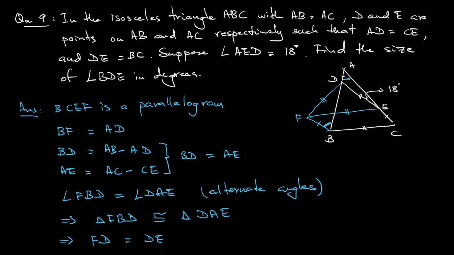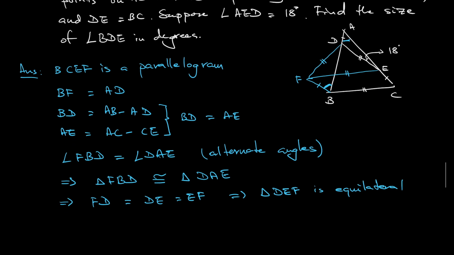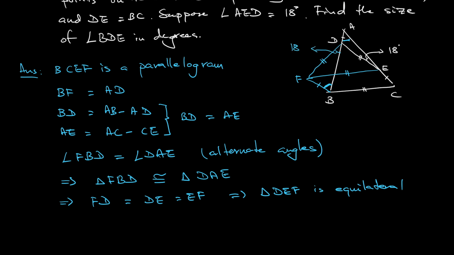So equal to DE, that means that is equal to EF, right? So in triangle DEF, all 3 sides are equal. So triangle DEF is equilateral. Another implication from the congruent triangle is this angle should also be equal to 18 degrees. So here technically we can already answer the question.